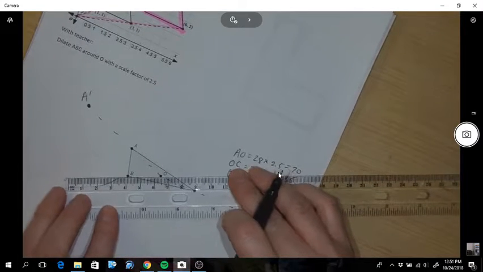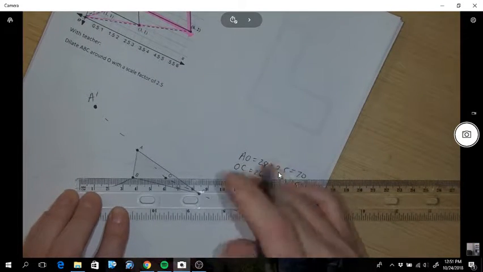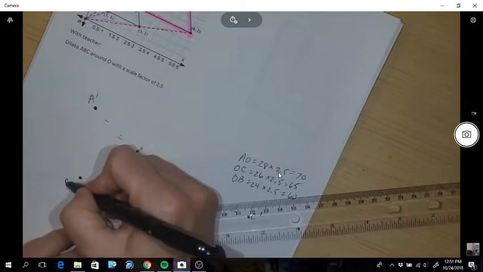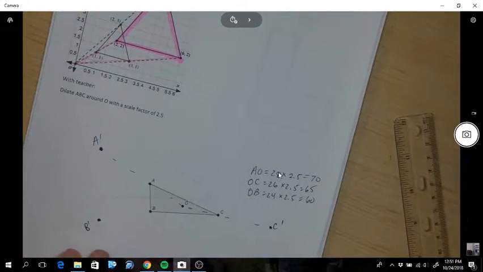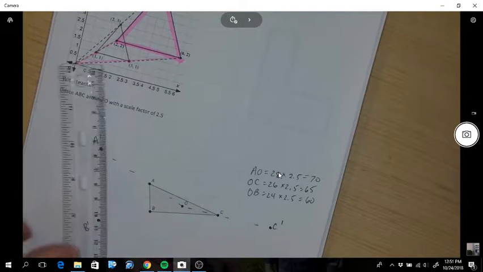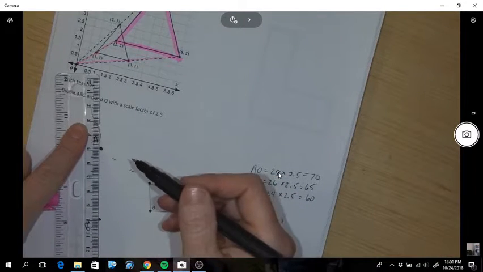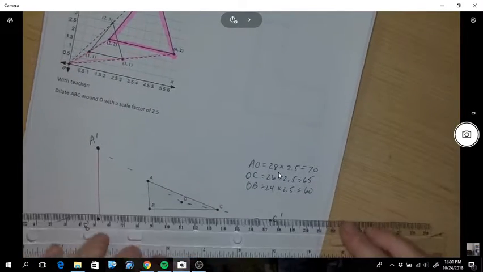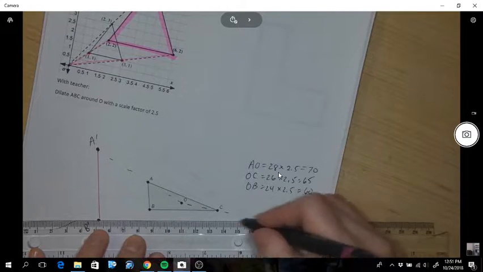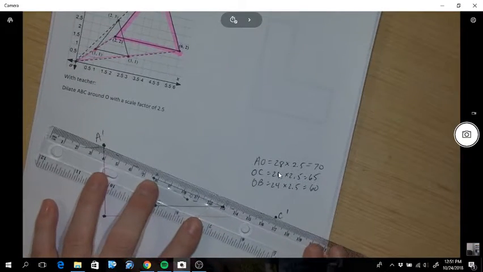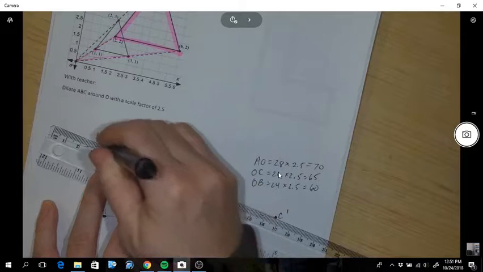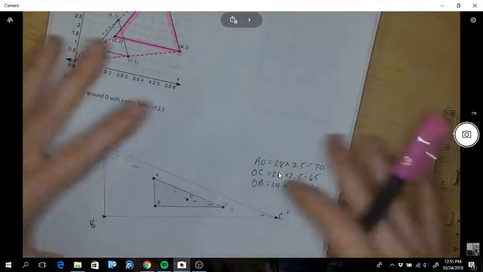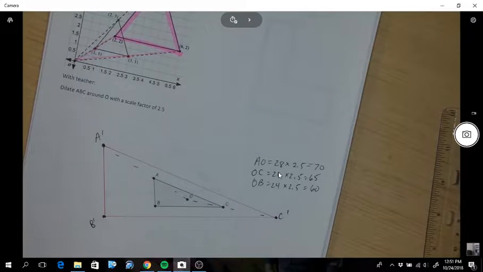So now we keep that same line and we go 60 far. Okay, so that's my new B. So my new triangle is out here. Okay, so it's like you dragged it out from that center O.